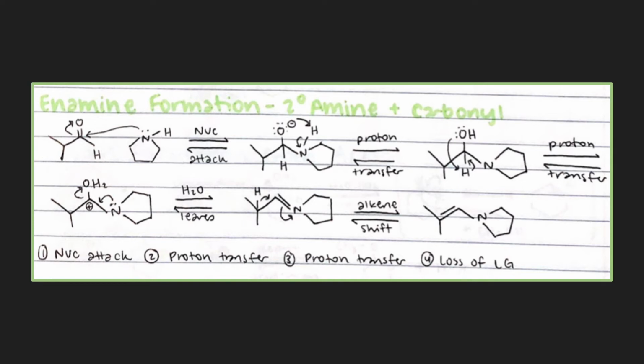From there, a hydrogen on a more distant carbon will be used to form a double bond. A shift will occur so nitrogen doesn't have 4 bonds and the final product will be formed, which is an enamine. So as you can see, we have our nitrogen here, and that is going to be the base of our enamine.